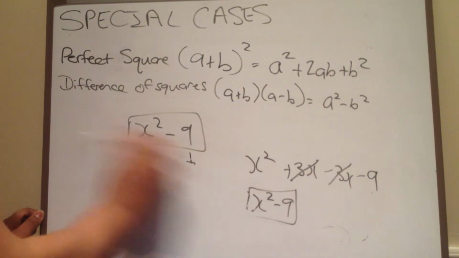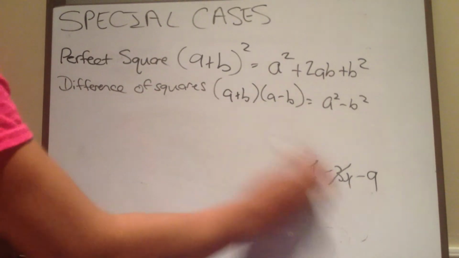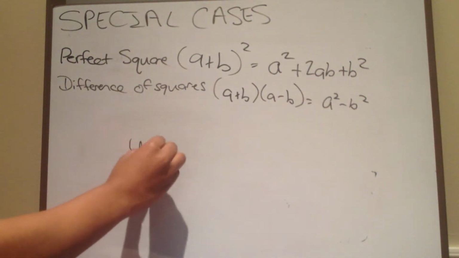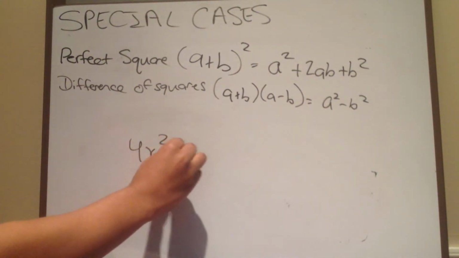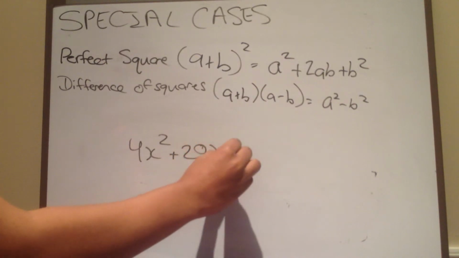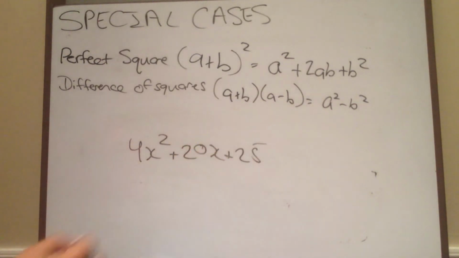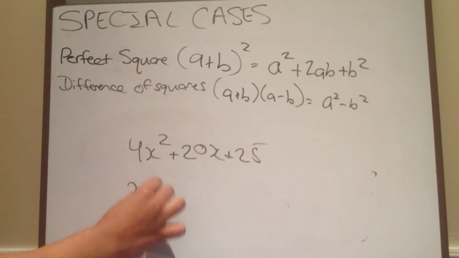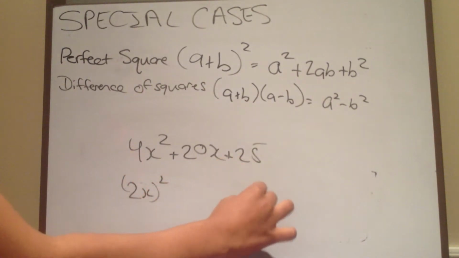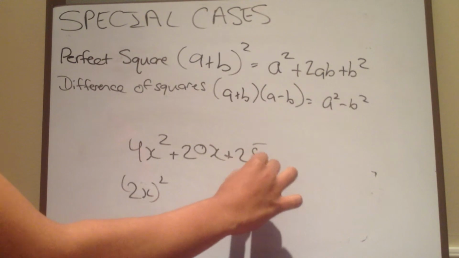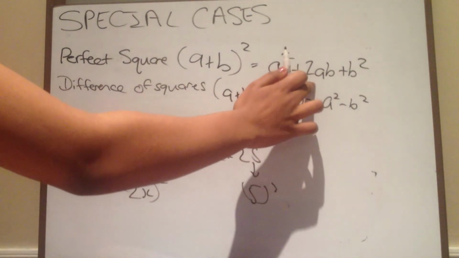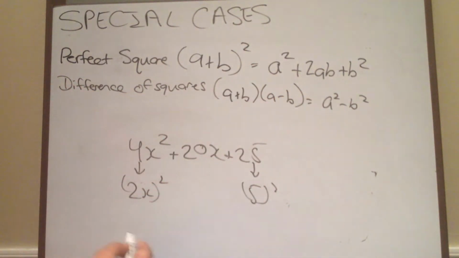So now, if we want to show another example, say 4x squared plus 20x plus 25. You have to see if this can be squared, which would be 2x, and this would be 5 squared. Now you have to check, will 2 times a times b equal 20?